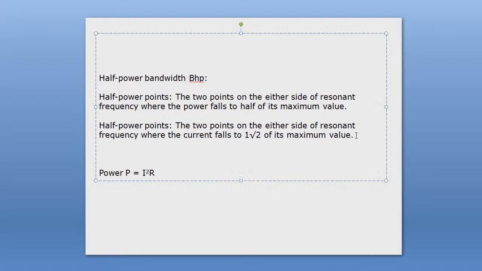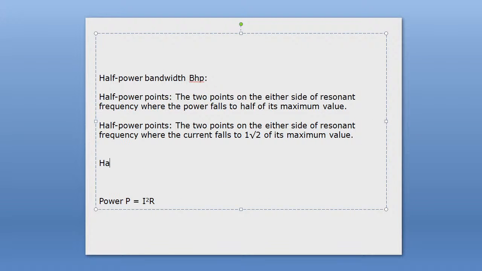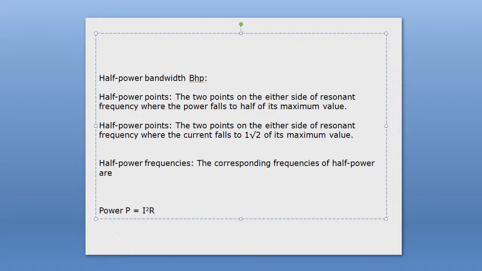Write here: the corresponding frequencies of half power are known as half power frequency.